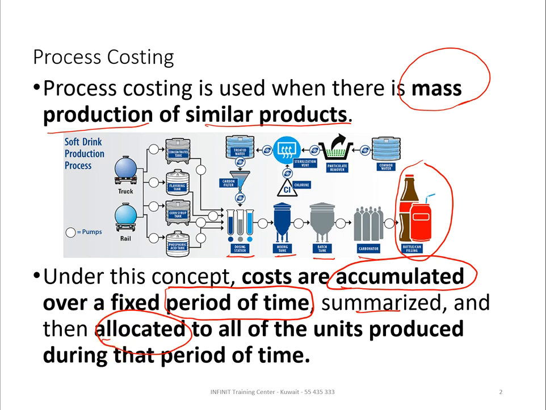For example, today we spent $100,000 and we produced X units. So allocate this cost to the total number of units and you will get the cost of a single unit. This is what process costing actually means.